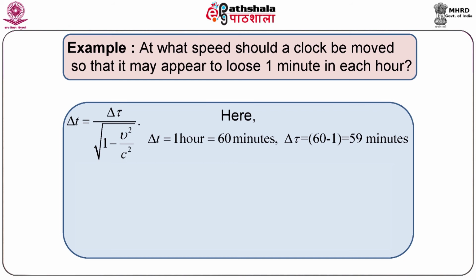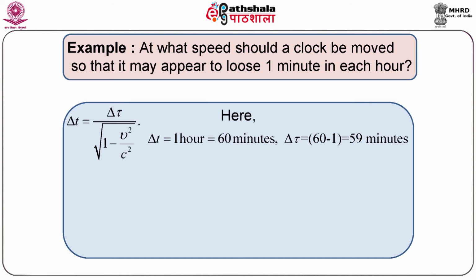V is the velocity with which frame S dash is moving with respect to fixed frame S along the direction of the common x axis. C is the speed of light.